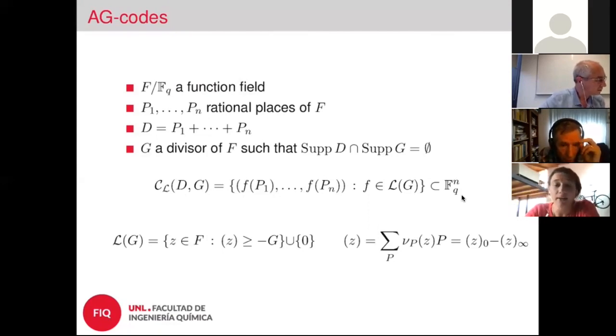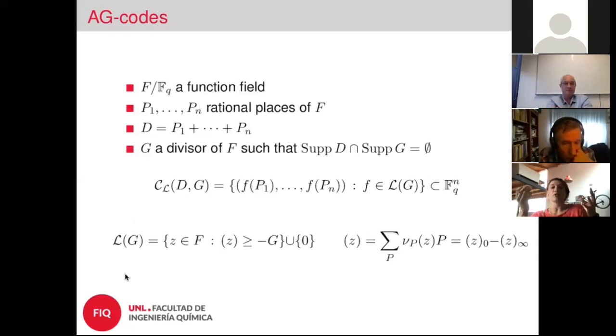And it's also a subspace of F_q^n. If you don't know what this Riemann-Roch space is, you can think that we are making a generalization of the space of polynomials, evaluating rational functions at rational points, but we only allow poles to happen in places that are in the support of G.